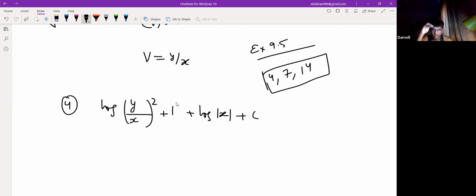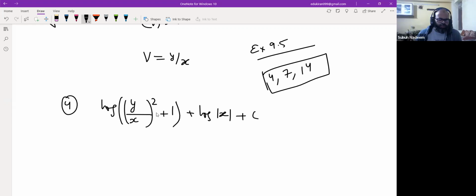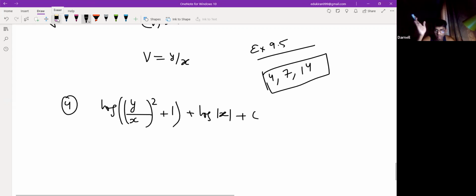So the whole y by x square is in mod? It's log mod of (y by x) whole square plus 1. Okay, so no need to write mod because it is already positive, it is a square. So log mod x is equal to c.